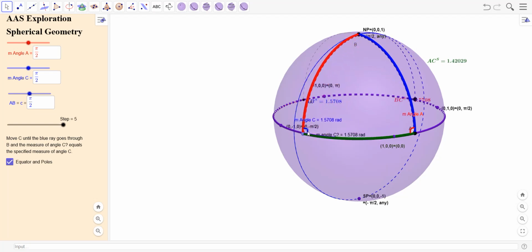In fact, this one's even worse than that if you think about it, because not only does this violate angle, angle, side, it actually violates angle, angle, side, side, right? Because all of these here are actually isosceles triangles. The red side going from the North Pole down to the equator from B to C, and also from the North Pole to the equator from B to A, are both lengths of pi over 2 spherical units.